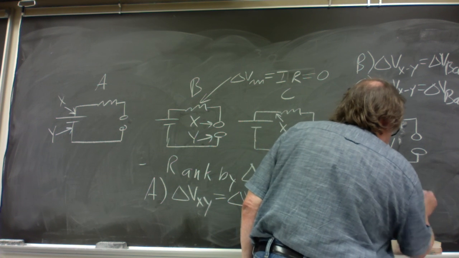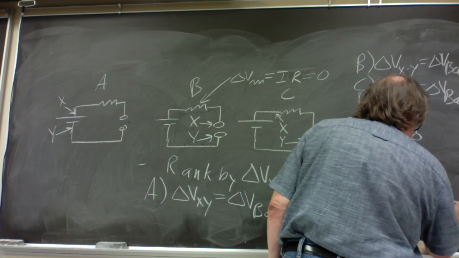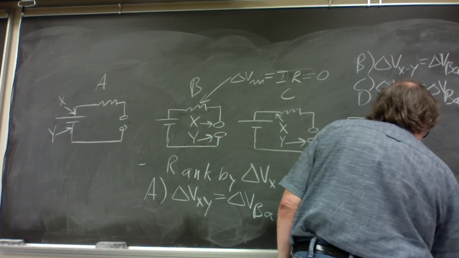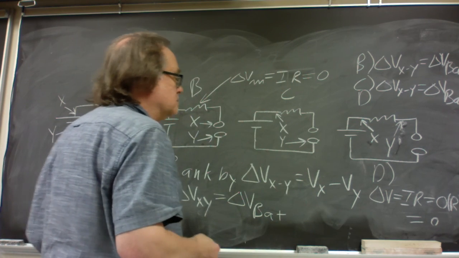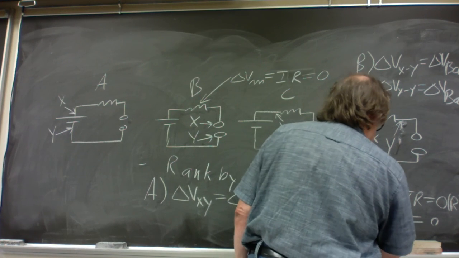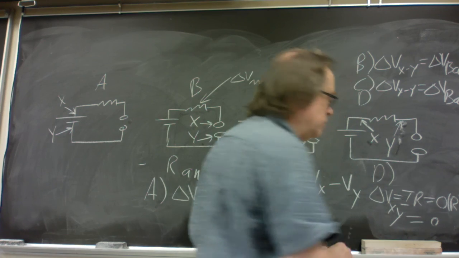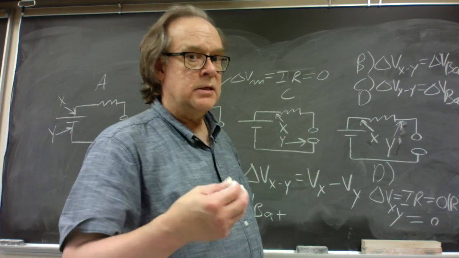Potential difference is current times resistance, which is 0 current times resistance. That's the potential difference between X and Y in case D.